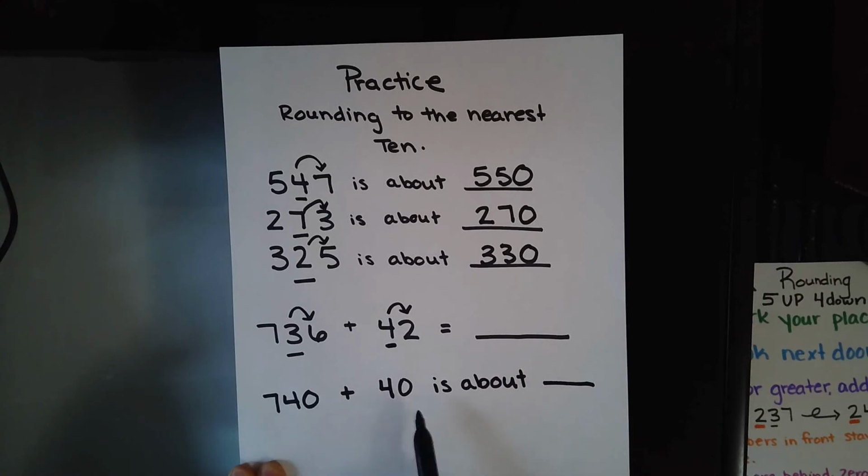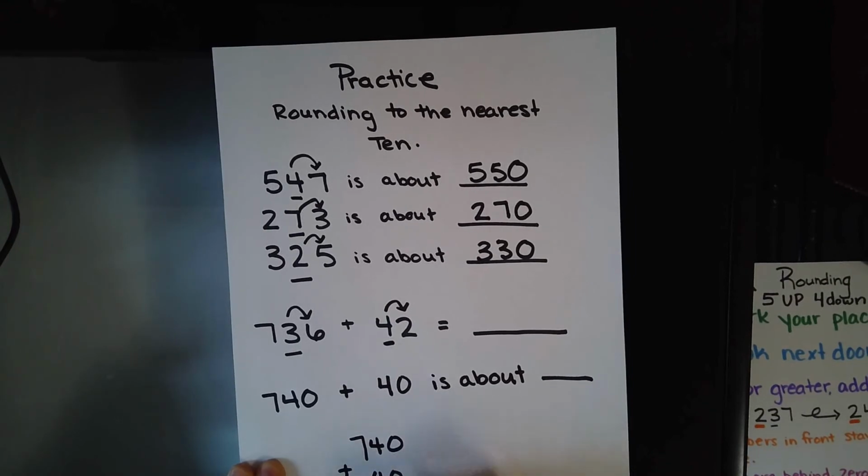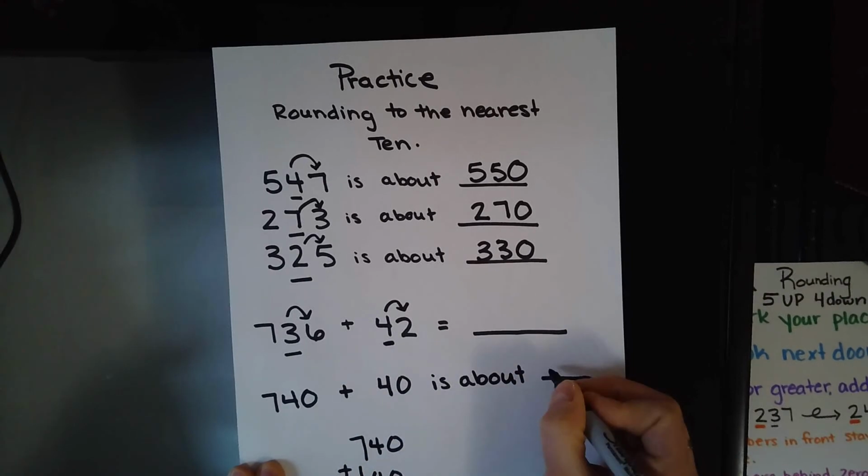well, I know I can add these side to side, but if you need to stack it, stack it. 0, 0, 4, 4 is 8. Let's just go straight down.